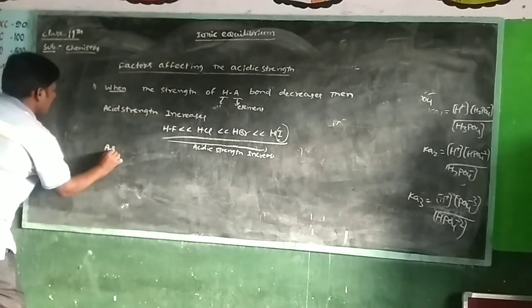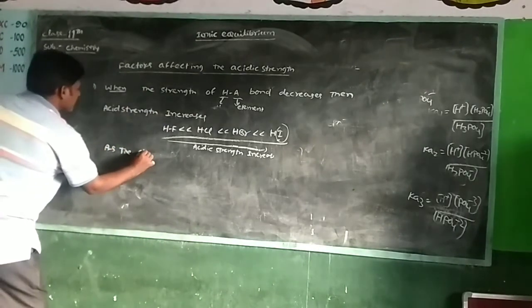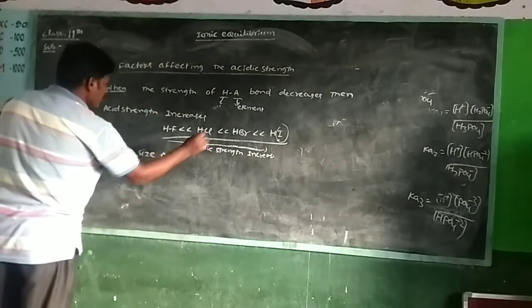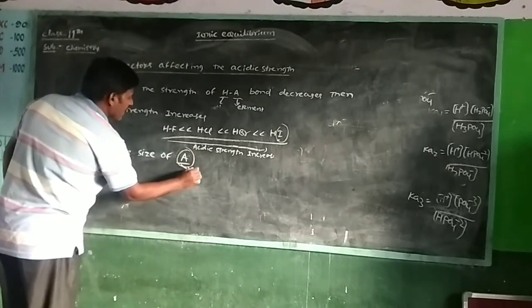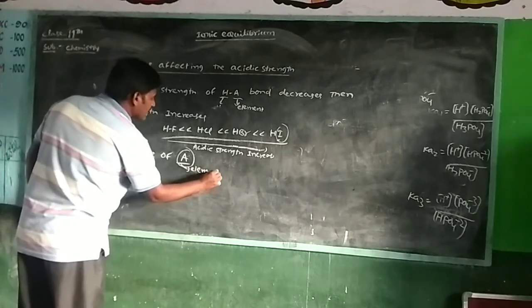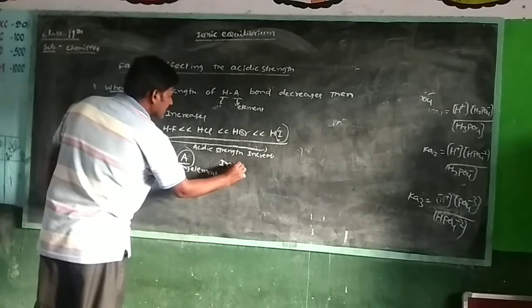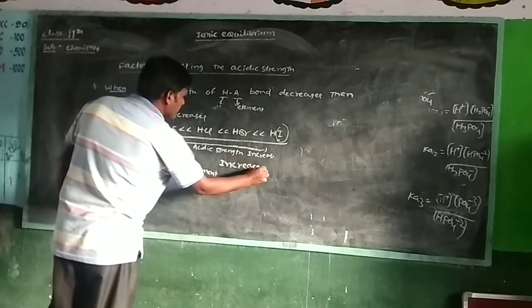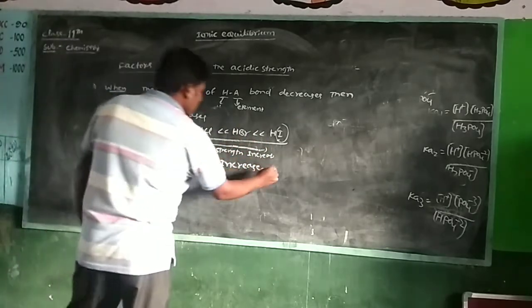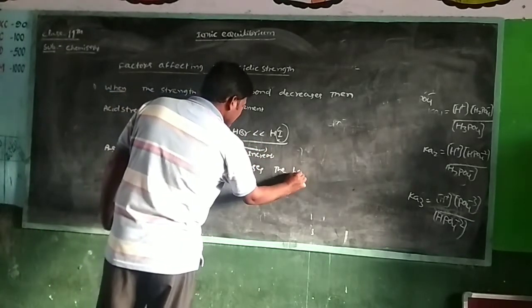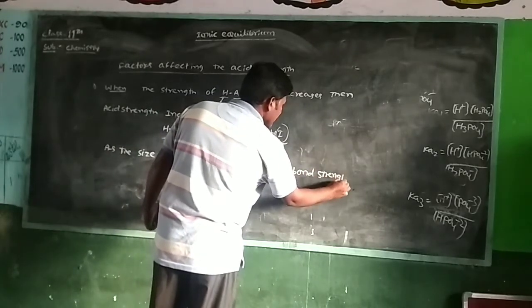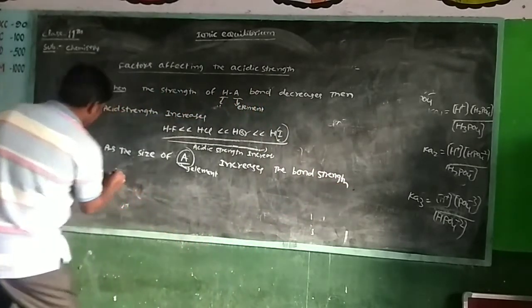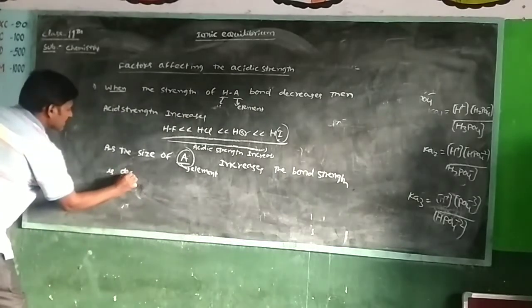As the size of A, the element, increases, the bond strength decreases.